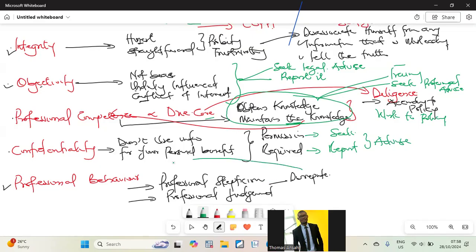As for this one, just do the opposite of the problem. Apply professional skepticism, apply professional judgment. If you are torn between what to do, seek advice. Some people will say resign, but like I always say, resignation is the lender of last resort. If the thing is excessive and you think you can't solve the problem, then you write as part of your answers, resignation.